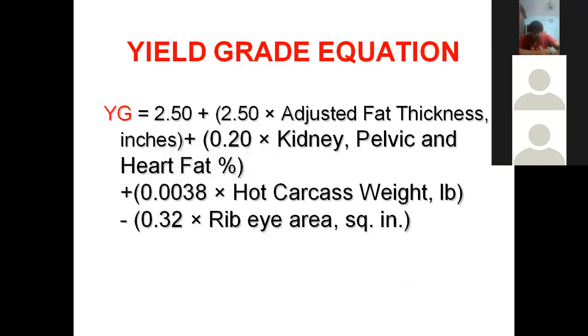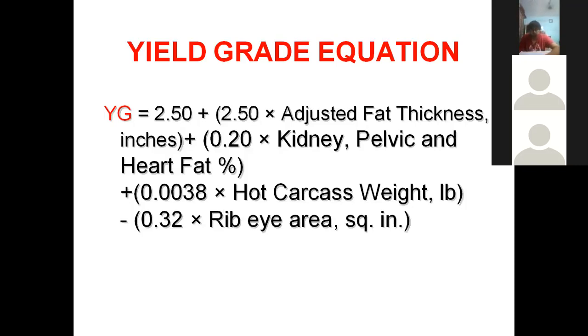By using this formulation, we can find the yield grade, what category it comes under. This is the formulation we use in the case of cattle. Anyway, I'll be sharing this PPT with you. I'm recording this, so I can share that also.